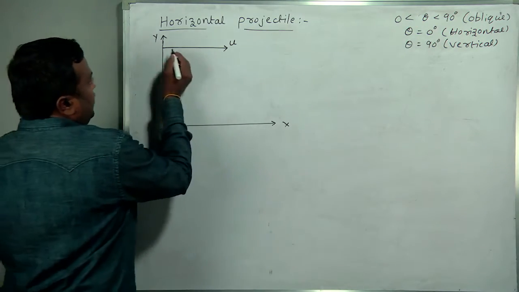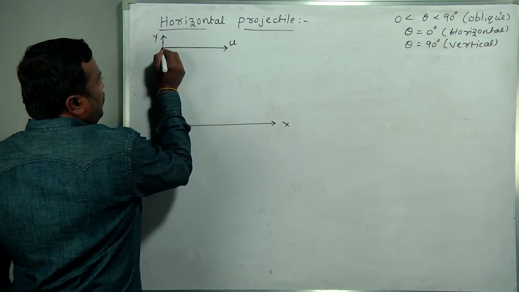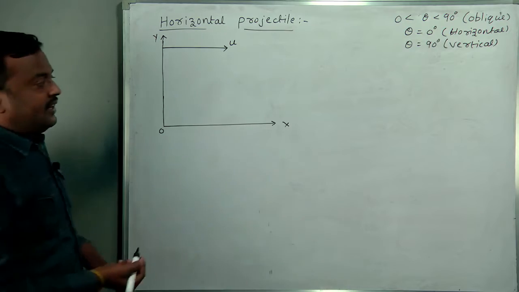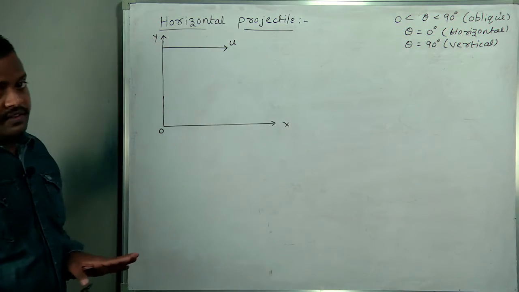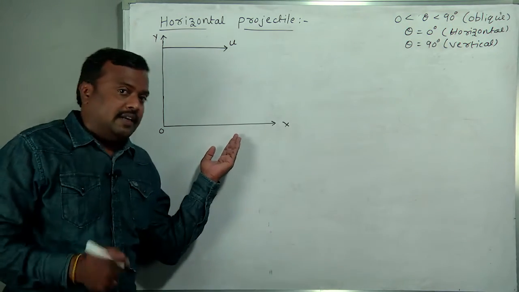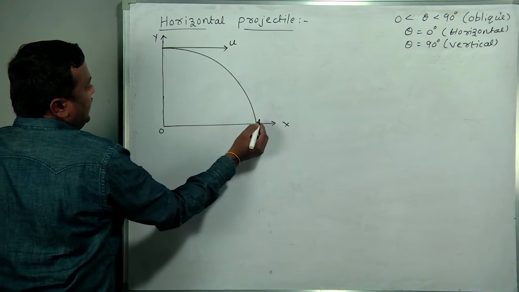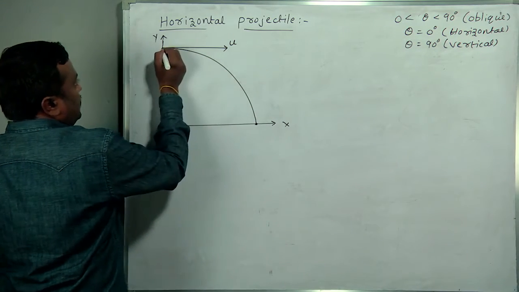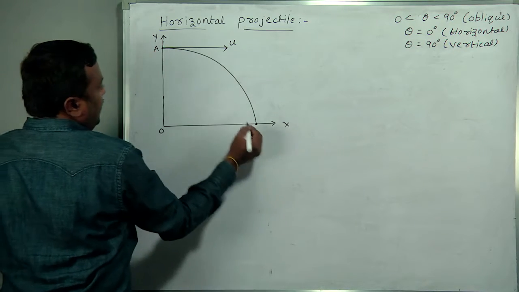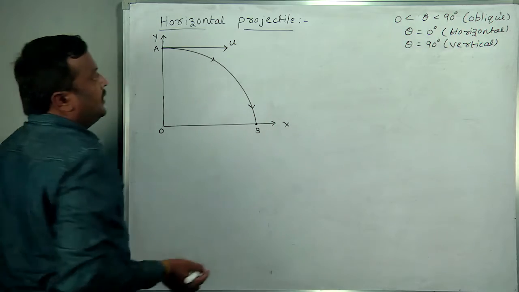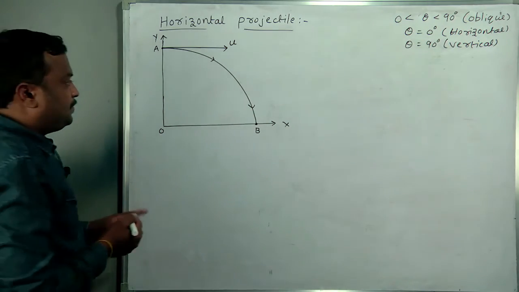Actually, we know it cannot travel like this continuously, because of gravity it falls on the ground. Suppose it travels like this and falls at this location. Consider this A and this B. This is the path of this horizontal projectile.